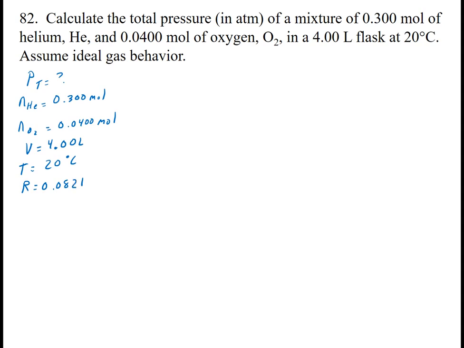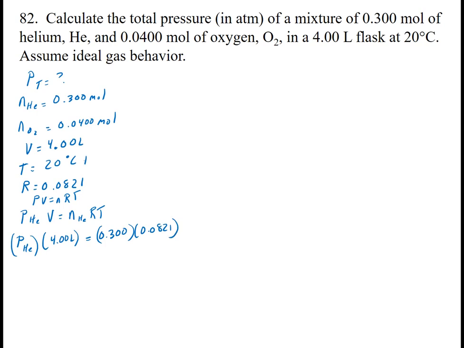So the long way would be to use the ideal gas law, PV equals nRT, for both the helium and the oxygen. So the pressure of helium is the moles of helium times RT over the volume. So I'm solving for pressure of helium. The volume is 4.0 liters. The n of helium was 0.300. R, of course, that constant, 0.0821.